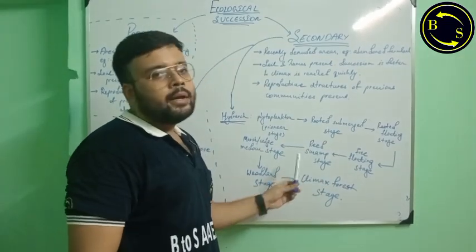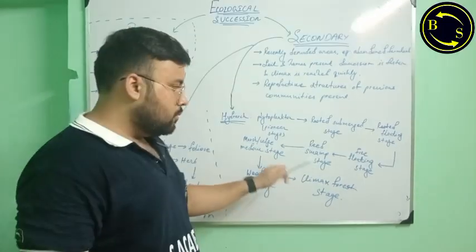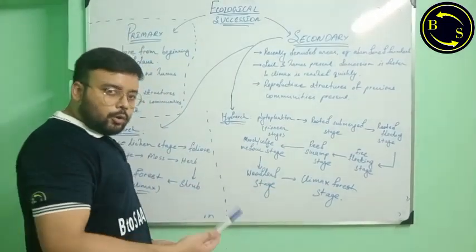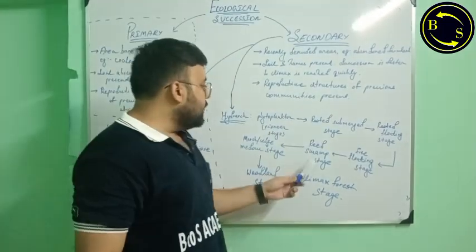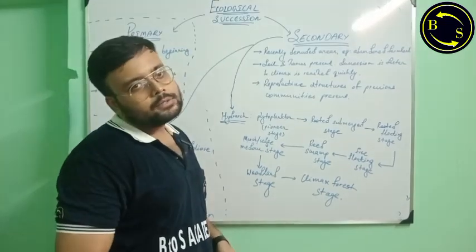This stage is dominated by bryophytes, and they occur in shallow areas of the water, the littoral zone, and the reed swamp stage contains both rooted and unrooted bryophytes.